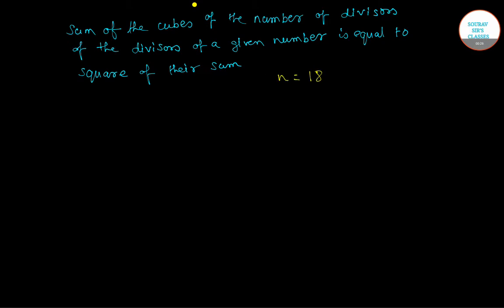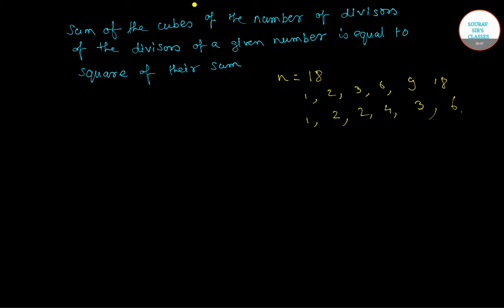Now the divisors of 18 are 1, 2, 3, 6, 9 and 18, and the numbers of divisors of these are: 1 has 1, 2 has 2, 3 has 2, 6 has 4, 9 has 3 and 18 has 6.